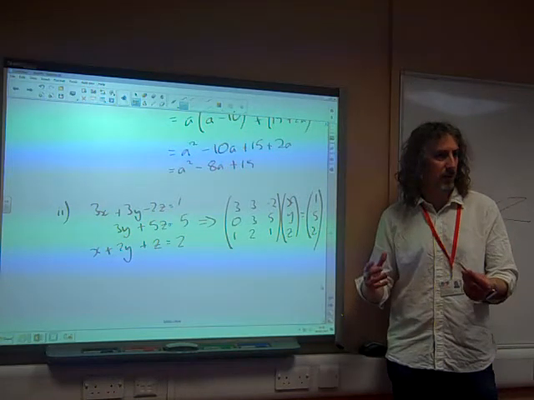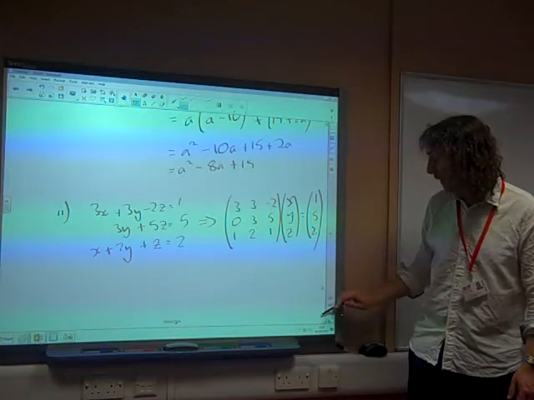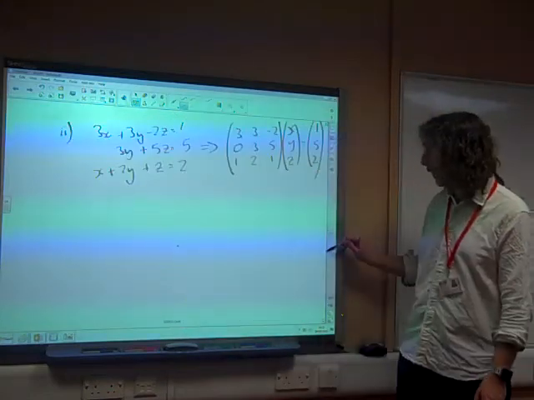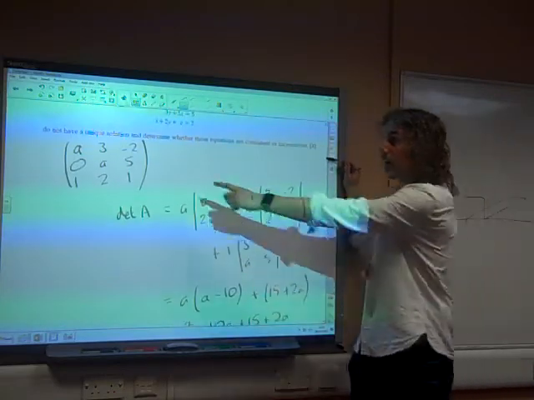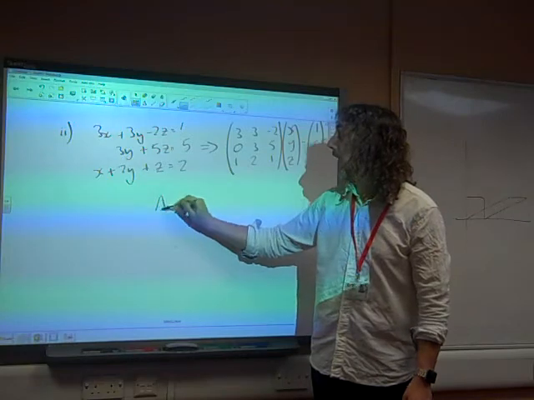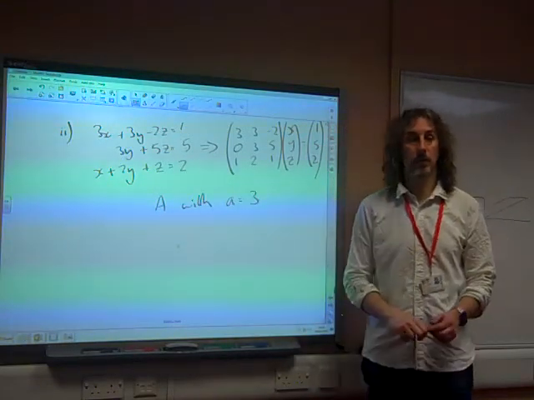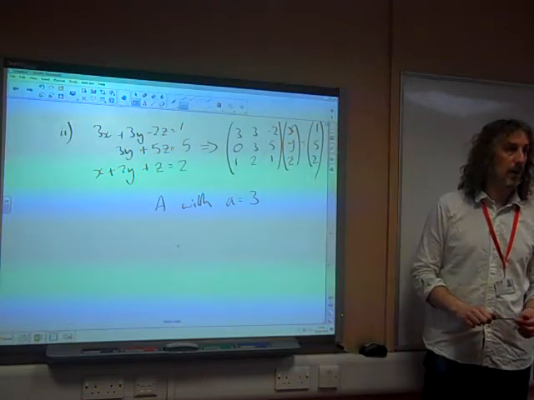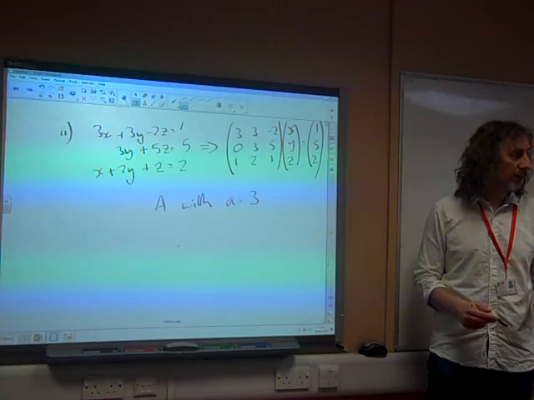Remember that the unique solution stuff is all about the determinant. So that is the matrix A. Do we recognise the connection there? 3, 3 minus 2, 0, 3, 5, that's 0, a, 5, and then 1, 2, 1 on the bottom line. So that is A with little a being equal to 3. We've got an equation for the determinant.